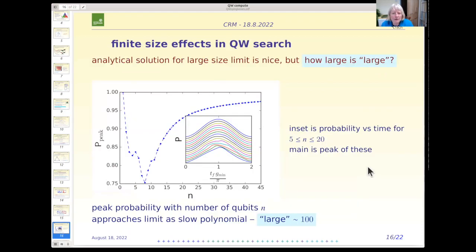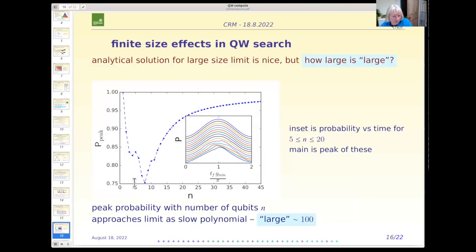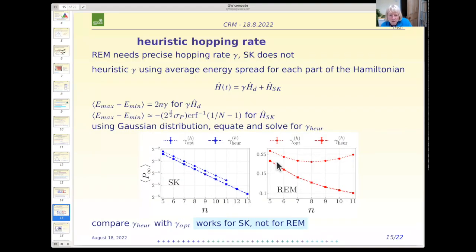Pull back a slide from yesterday where we looked at finite size effects in quantum walk search. What I've got here is 5 to 11 qubits. So if we look at 5 to 11 here, we've got something very similar. It's just a bit compressed on this graph because I've got a lot more sizes on there. So basically what we're looking at here is a piece of finite size effects of the random energy model.